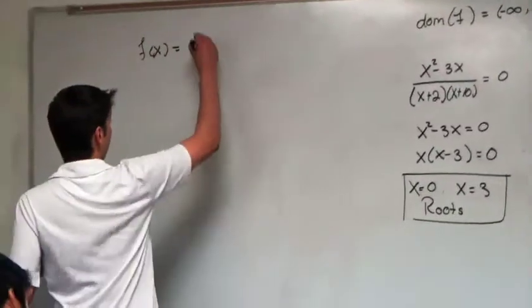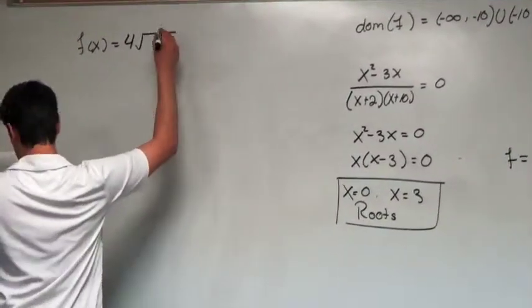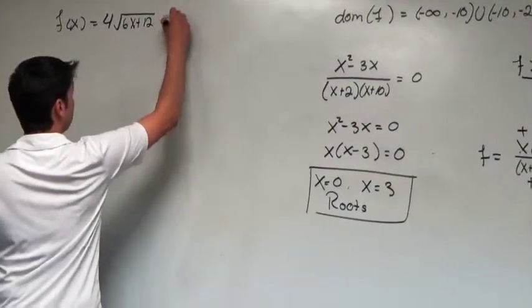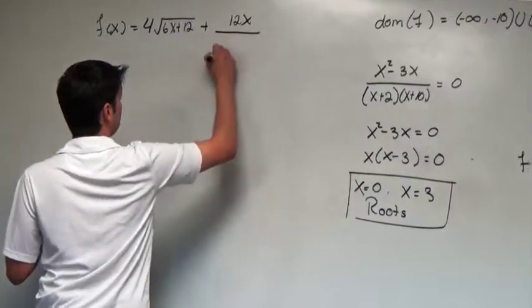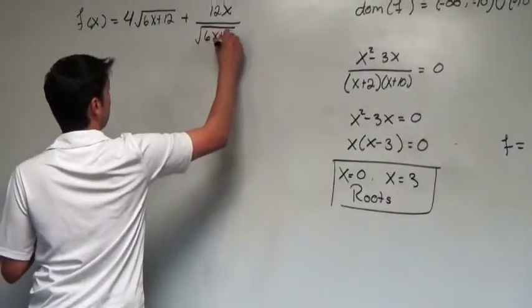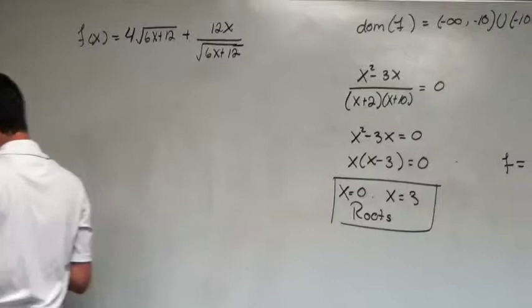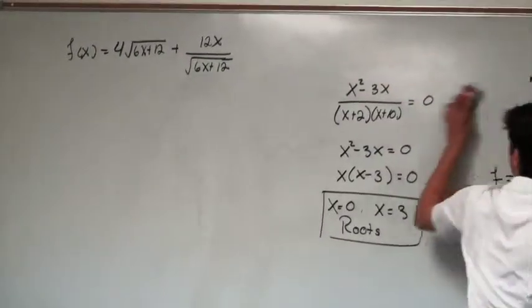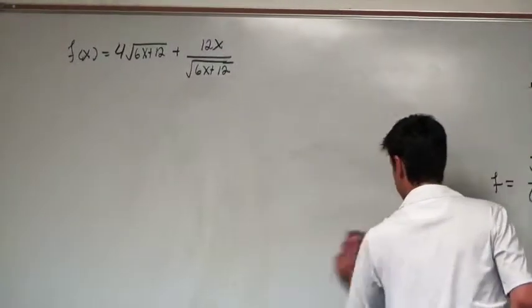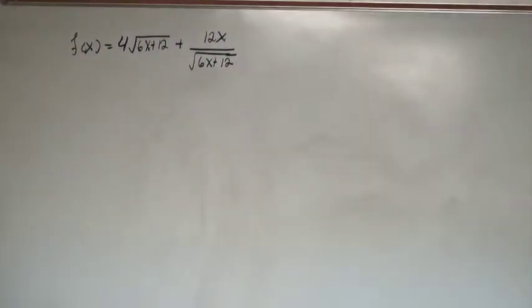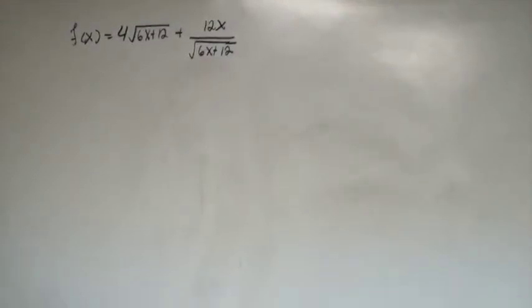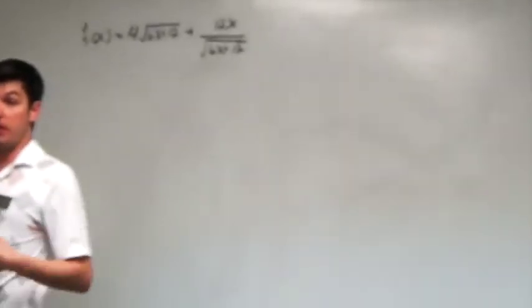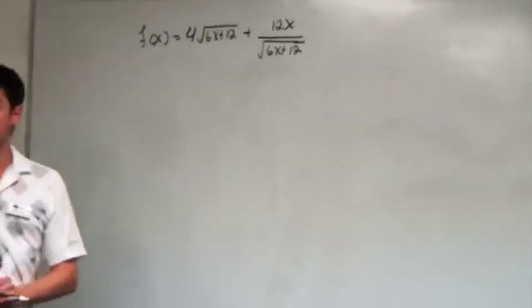This time we'll have a function involving square roots. So again, think about the domain first, and we see that two rules of math can possibly be broken with this.